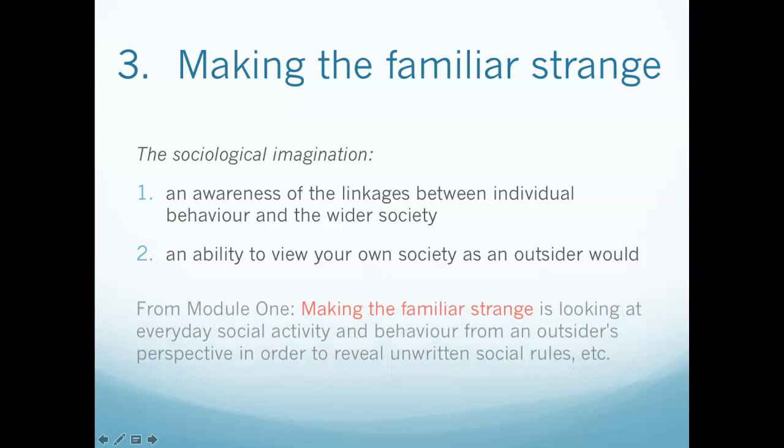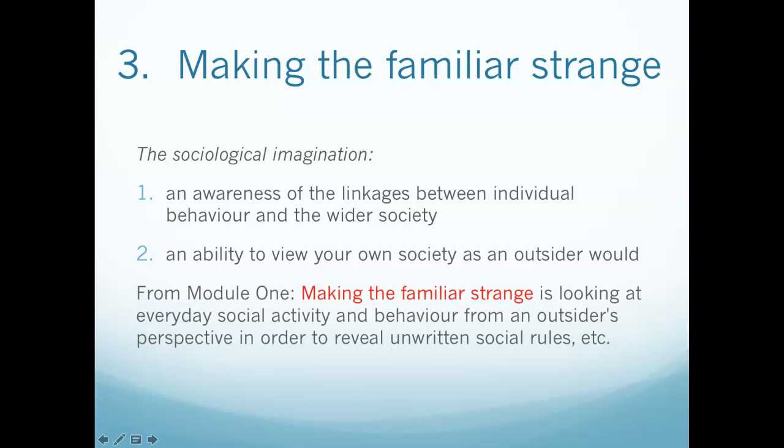Which leads us right into the idea of making the familiar strange, which you'll be familiar with from Module 1. So making the familiar strange is the technique of looking at an everyday social activity and behavior from an outsider's perspective in order to reveal unwritten social rules.